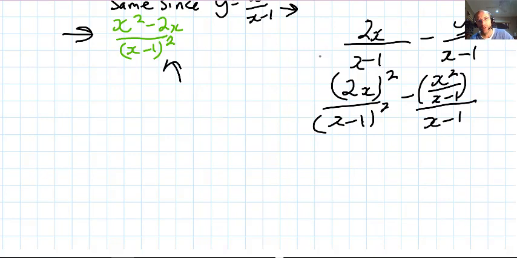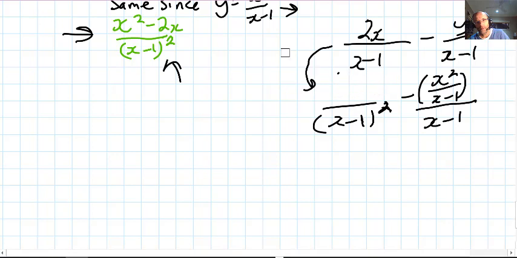I've just done something really incorrect here. I've squared top and bottom, but I'm trying to get an equivalent fraction here. I'm not squaring it. I just want an equivalent fraction such that the denominator is x minus 1 all squared. I'm going to leave that x minus 1 all squared there, but I can't square that. I have to multiply top and bottom by the same thing to retain the equivalent fraction. That's madness. So I will correct that right now before your eyes, and we will fix that.